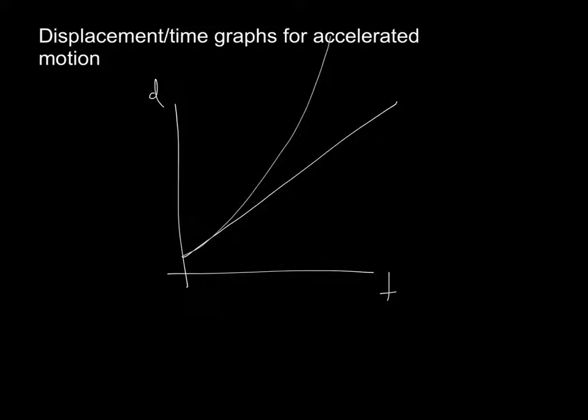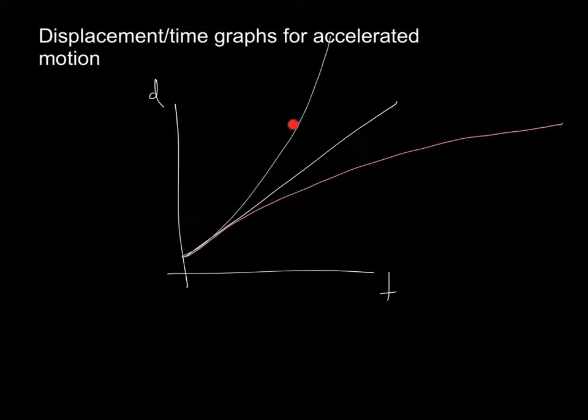What if it's decelerating? Well, instead of going in a straight line, again, it's going to be doing less and less and less distance every time. So I'm also going to have a curve, but actually it's going to look like this. As you can see, as time goes by, this gradient keeps decreasing, and remember that the gradient is the speed. So the speed is also decreasing.